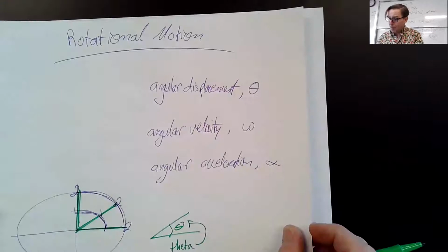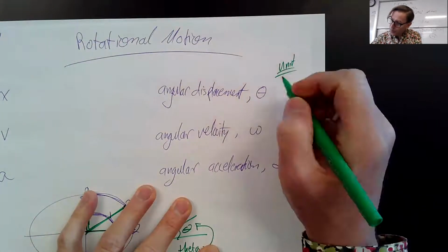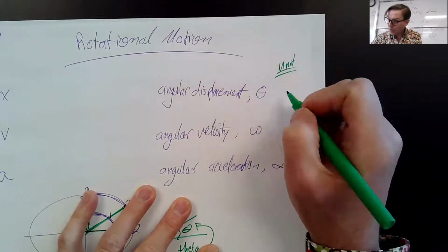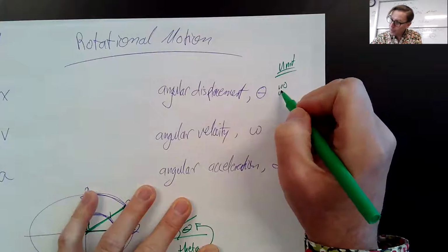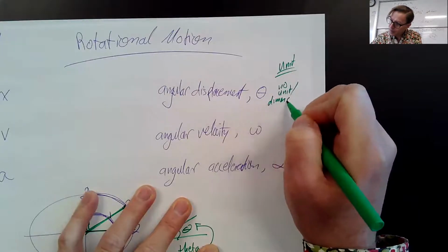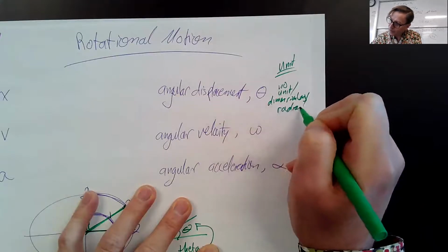No, they just realized that it doesn't exist, so they didn't write it. So angular displacement has a unit, radian, or not. No unit, no unit, dimensionless, or radian are all the same thing.